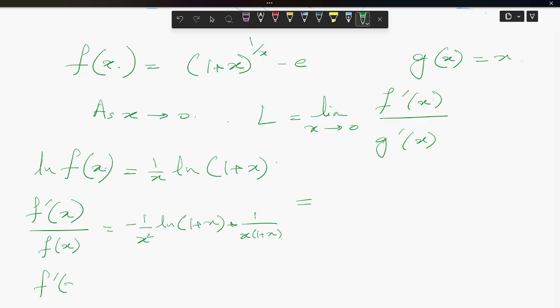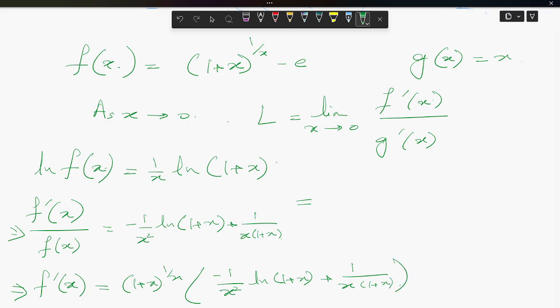We can write that our f dash x is equal to (1 plus x) whole to the power 1 by x into the whole term in between, that is minus ln of (1 plus x) upon x square plus 1 by x into 1 by (1 plus x). Okay, so now at x equals to 0, we can see that this will go to minus e by 2. This is a very easy answer.